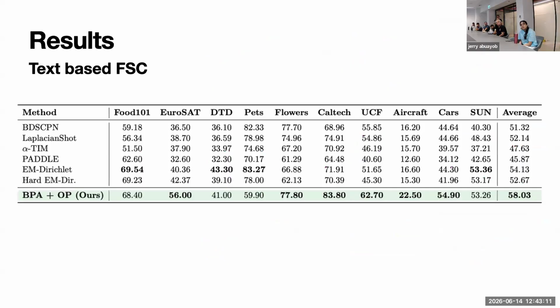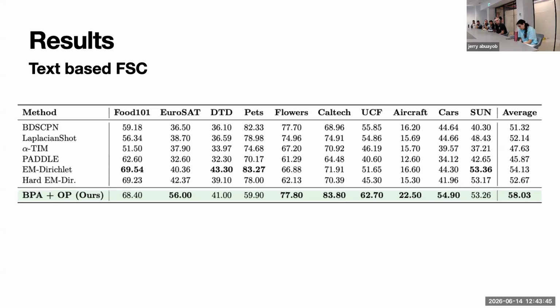And over here, there's a nice library which integrated transductive pipelines into text-based feature classification. And on average, we got the state-of-the-art results across all of the 10 data sets. This is on one-shot settings. And our method actually works pretty well in the low-shot regimes. And Hard EM Dirichlet and EM Dirichlet are from 2025, I think.